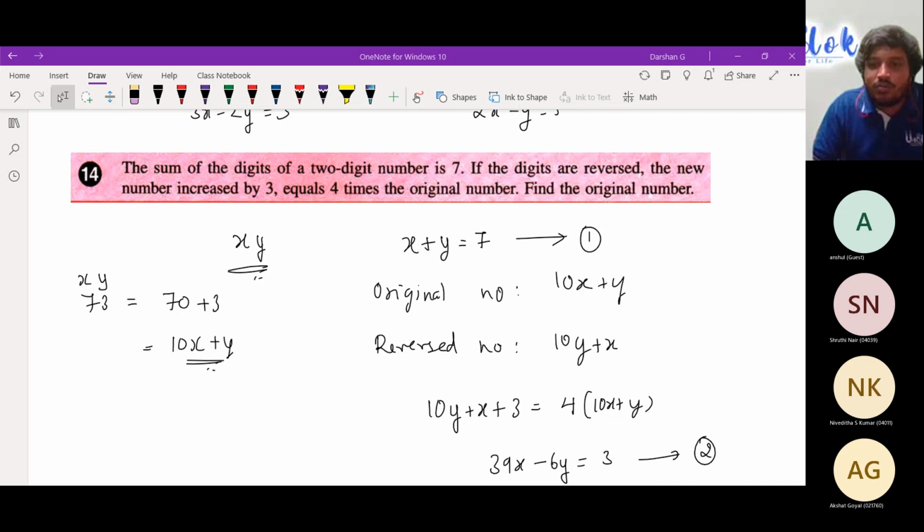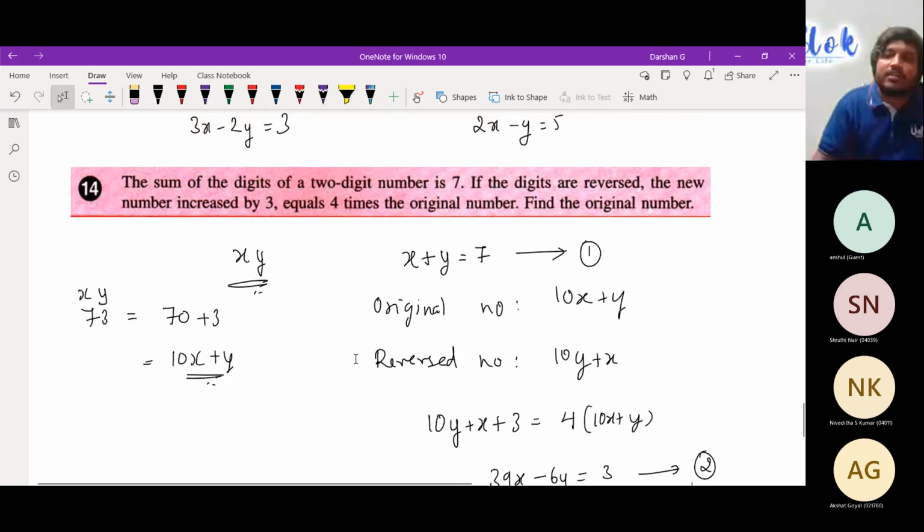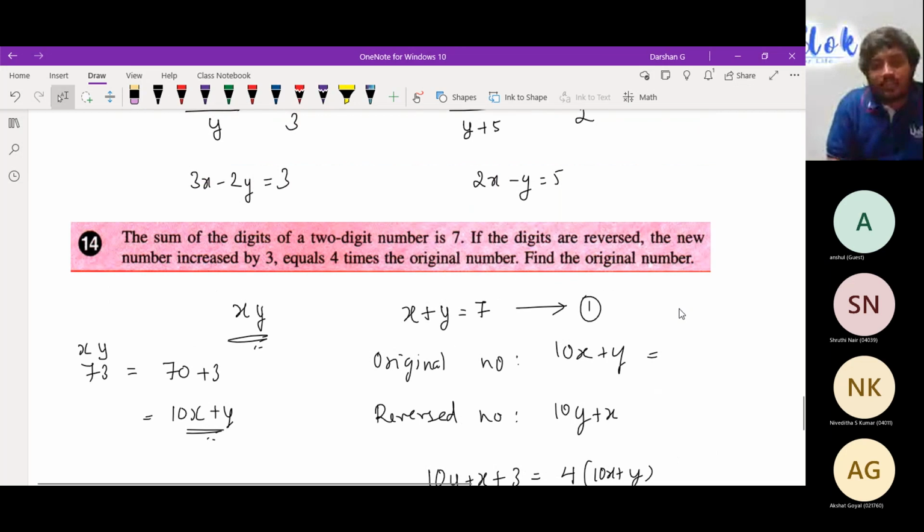Anybody who got the answer? Sir, was the original number 16? Yeah, the original number is 16. Correct. Shruti, can you please tell, did you get the answer? What is the value of x and y?